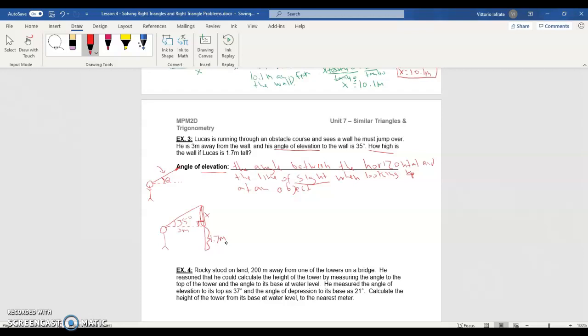So first we're going to solve for x in our basic triangle here, and then at the end, when we're done solving for x, we're just going to add that 1.7 to it to ensure that we get the whole height of the wall. So let's again draw out our triangle that we're trying to solve here.